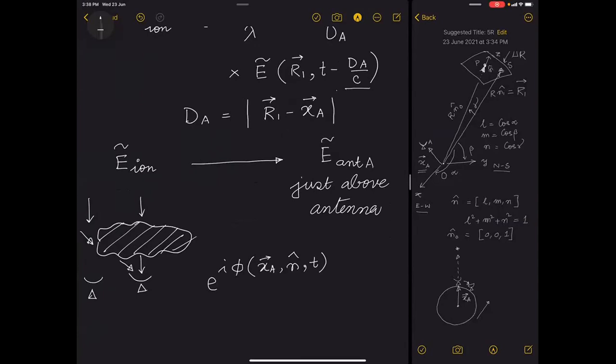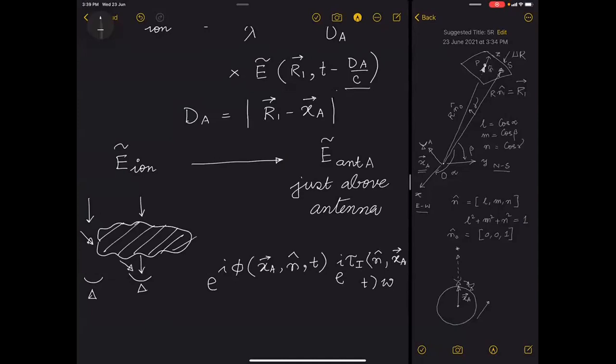So it will add a delay. And the delay is just, you can consider it as a time delay, which can again depend on Xa and t. And it's essentially omega times tau_I. So that is the delay. Omega is the frequency of radiation, if you wish.